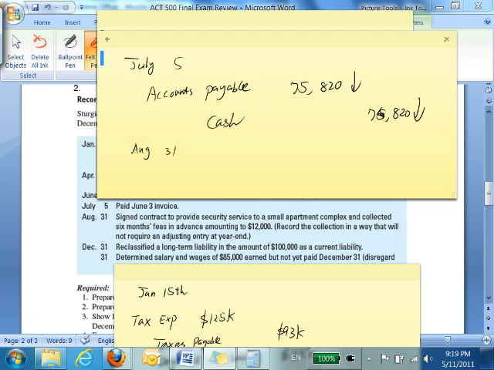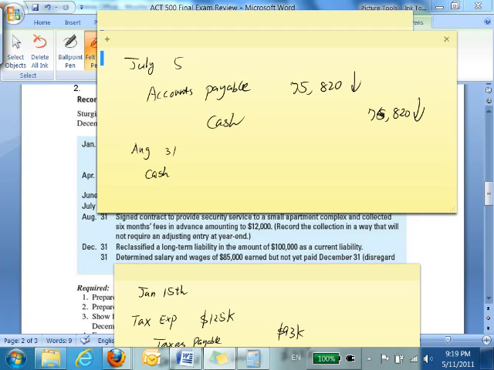We have they sign the contract to provide security service to a small apartment complex and collected 6 months fees in advance amounting to 12,000. They collect fees, cash goes up 12,000. And the deal, the contract, okay, was for 1 year, right?